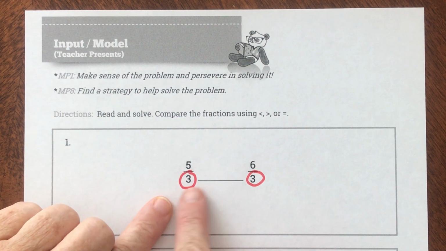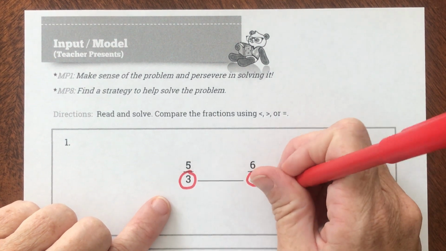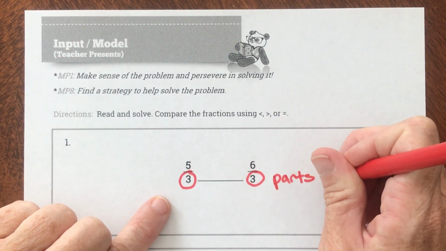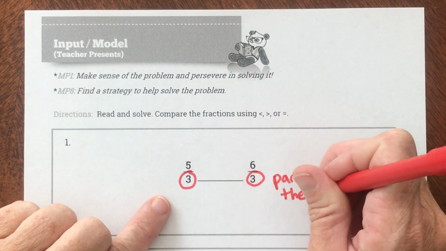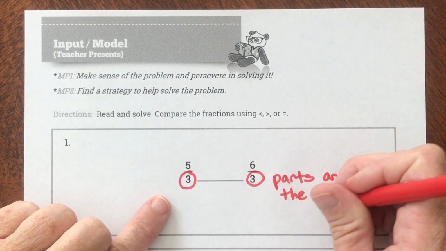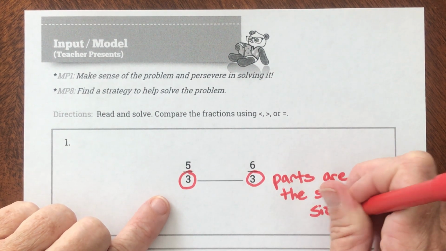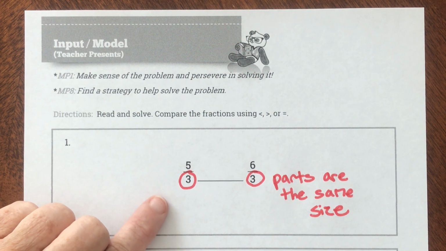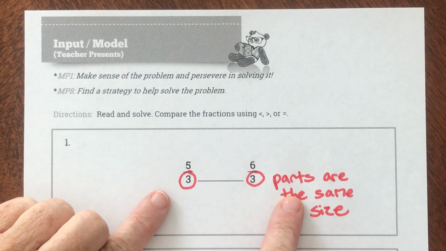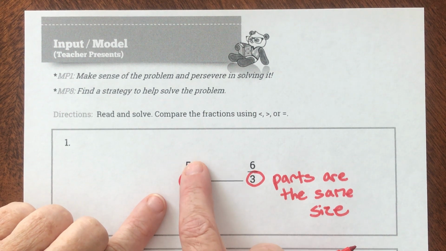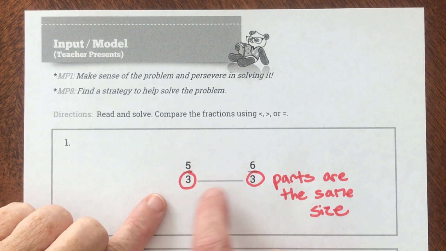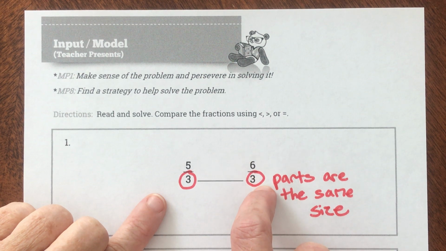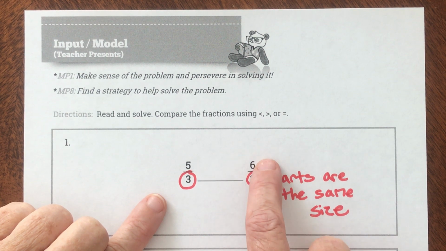So this tells me that the parts are the same size, because that's what the denominator does, it cuts up the whole into parts. Now, if the parts are the same size, but over here I have 5 parts, and over here I have 6 parts, wouldn't this one have more?